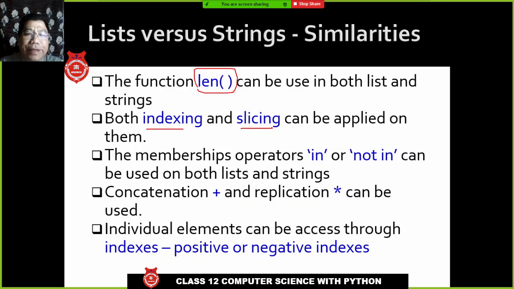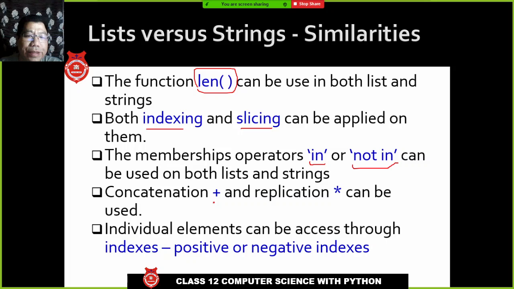Indexing and slicing can be applied on lists. Index, we can specify the index number or the index values, and slicing means extracting some part of the list or the string. We are going to study all these things in detail. And the membership operator that you have already studied in strings, like the in operator, whether that is inside the list or not in operator, is it not inside the list, can be used.